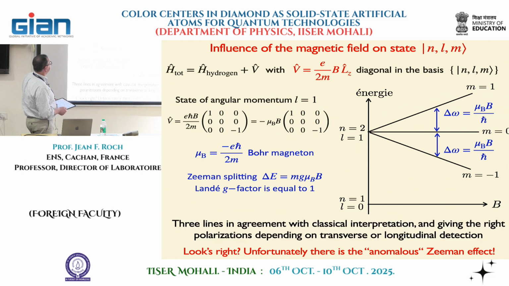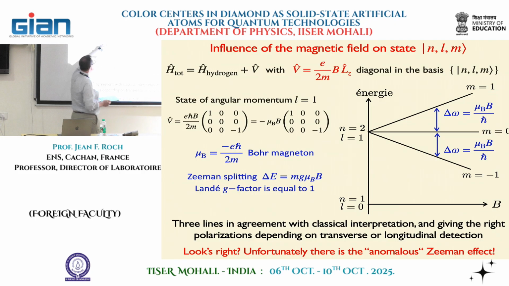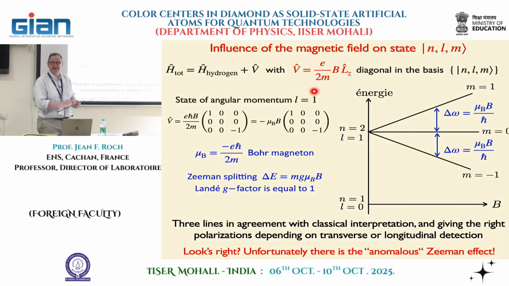Okay, now I'm coming back to the influence of the magnetic field. Now I know how the magnetic field will impact the quantum states of the atom. The quantum states are associated to n, l, m. If I take an atom like the hydrogen atom in vacuum, I see immediately that the perturbation corresponding to the magnetic field is diagonal in this eigenbasis of the atom.